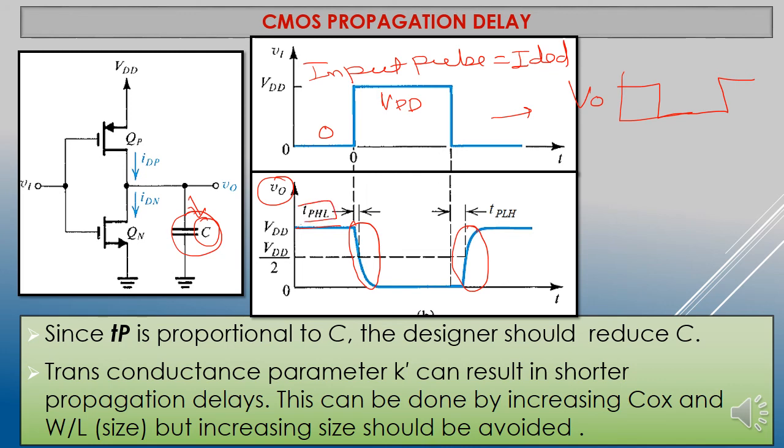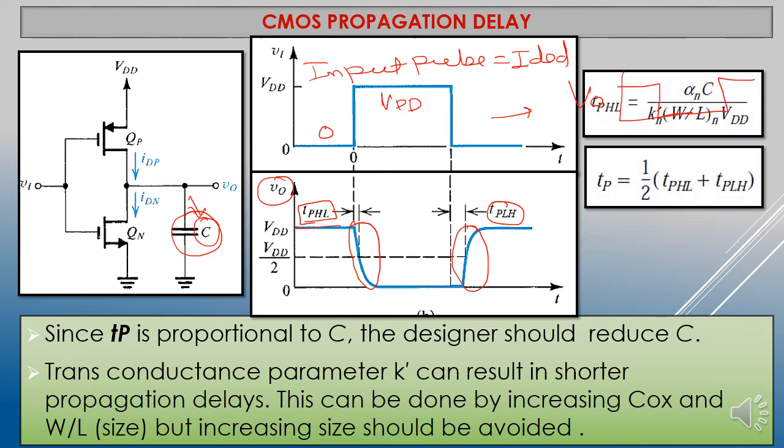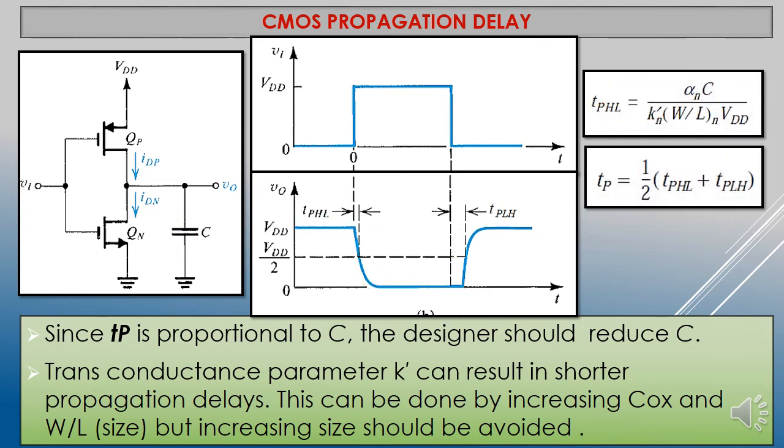There are two types of delay: TPHL, high to low propagation delay, and TPLH, low to high propagation delay. The formula is TPH equal to alpha C upon K W upon L VDD, and TP is equal to 1 upon 2 average of high to low and low to high propagation delay.